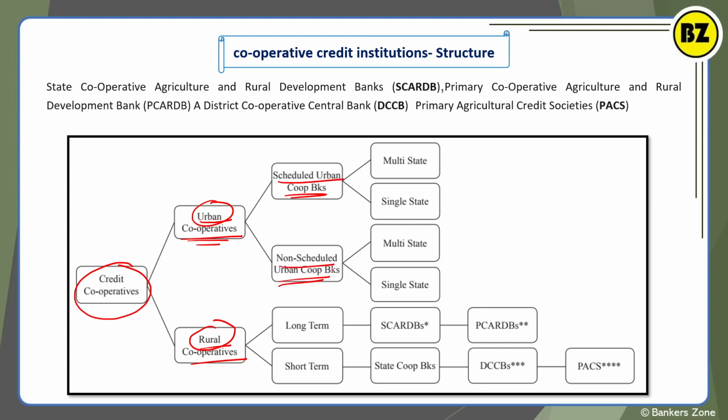What do you mean by scheduled and non-scheduled? Scheduled means banks which are included in the Second Schedule of the RBI Act 1934, which is basically a list of banks. So these are called scheduled urban cooperative banks. And the banks which are not in the schedule of RBI are the non-scheduled urban cooperative banks.